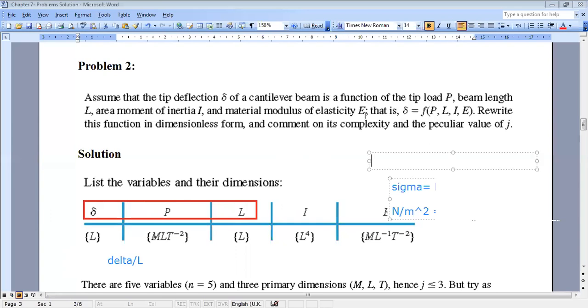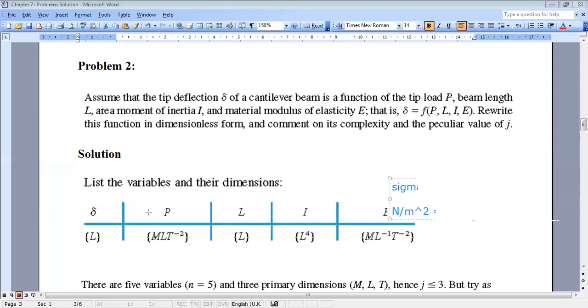Now, why? How can you know this without trying a lot? Look at your dimensions, okay? Now we said that in general, if we have 3 dimensions, then probably J can be equal to 3. But here, why is it smaller than 3?